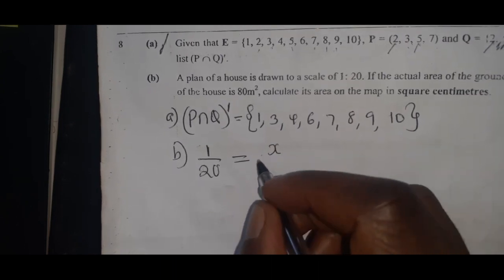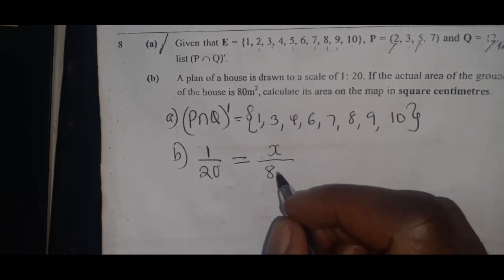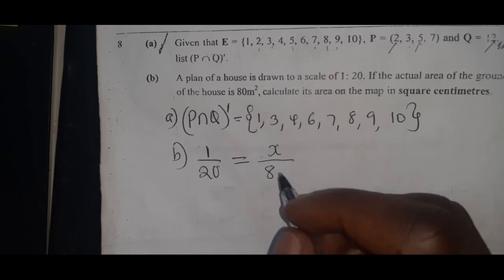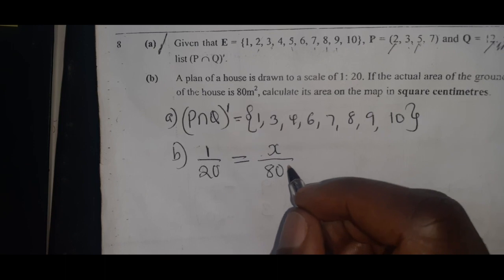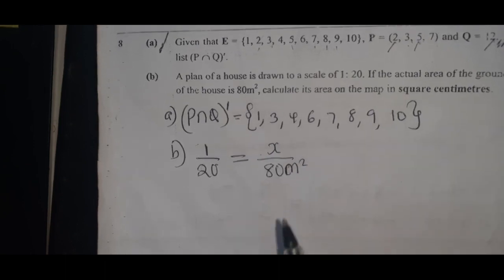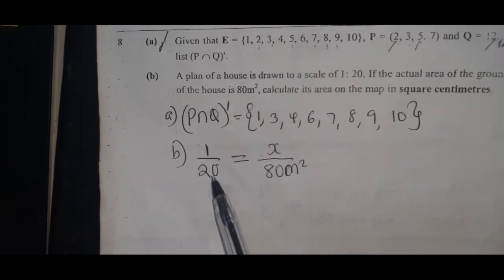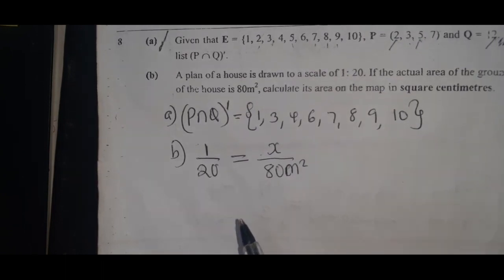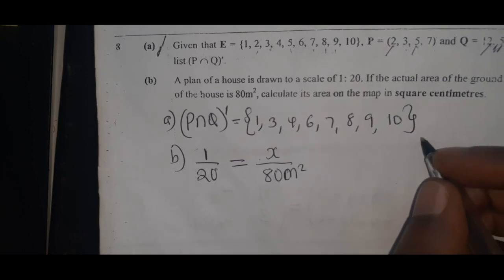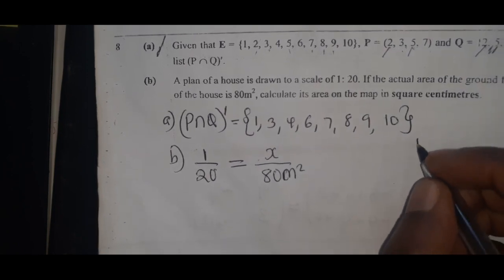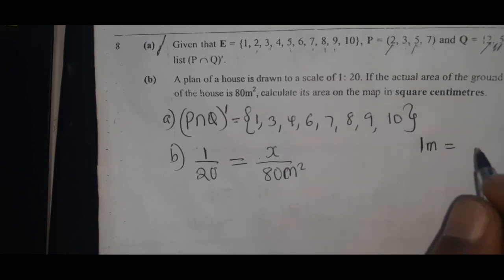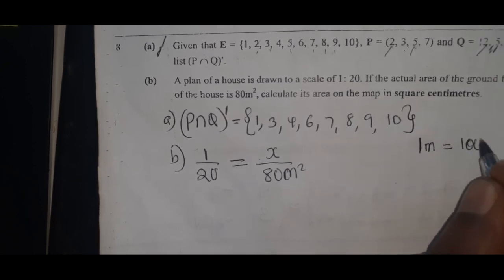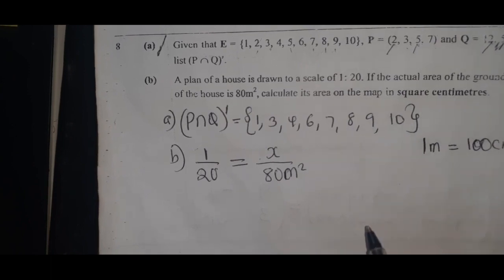So we're going to put x here and say here we have 80 meters squared. Now, take note that here we have centimeters and these centimeters are not squared. So we need to make sure that we have a common unit here. So let me start from here. We're dealing with here 1 meter is equal to 100 centimeters.